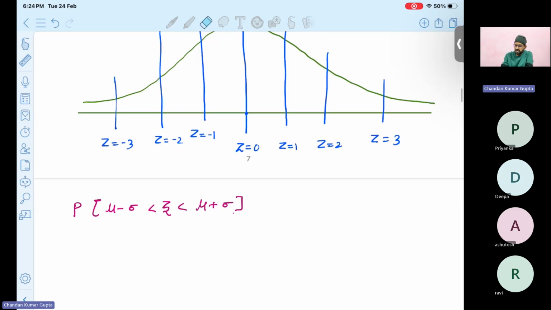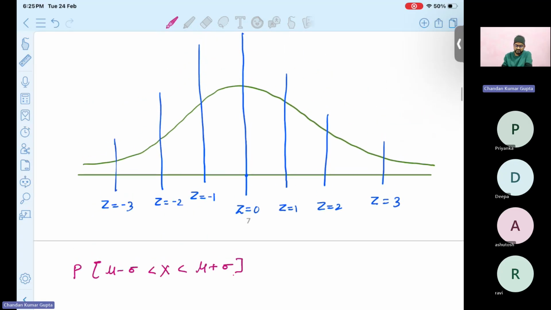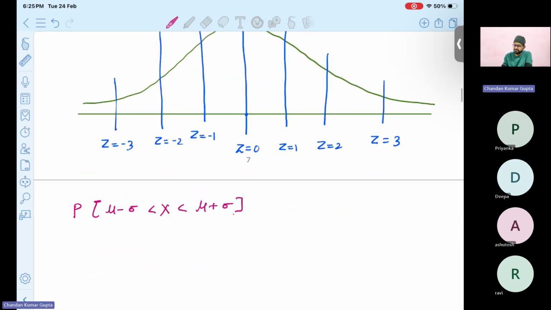I should write x here instead of z. Z and x are similar things; z is the standardized version of x. So the probability is 0.6826.